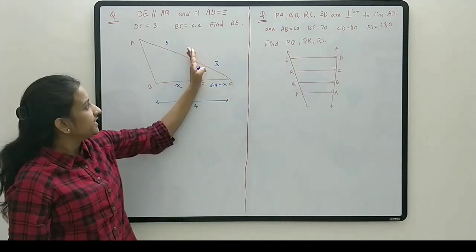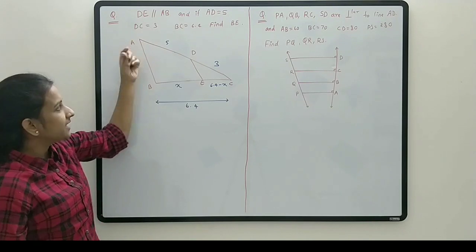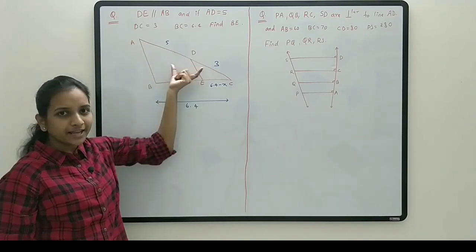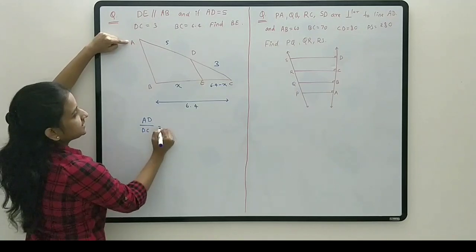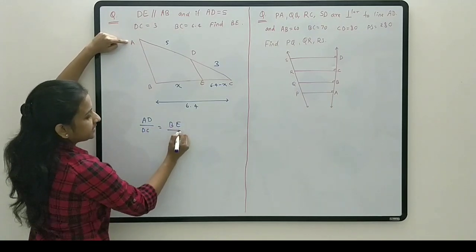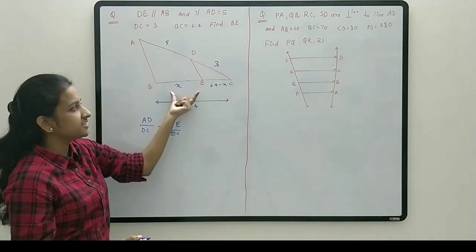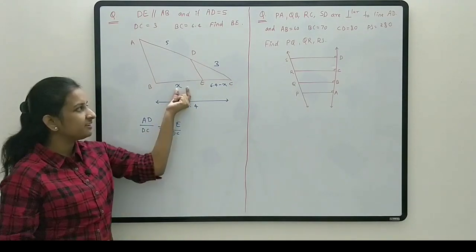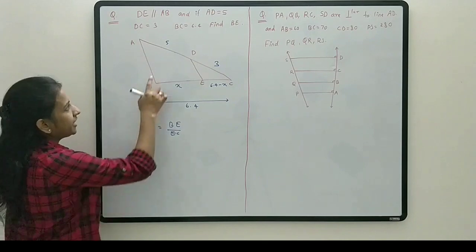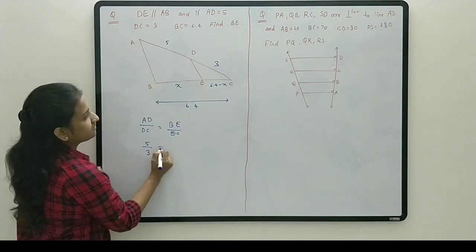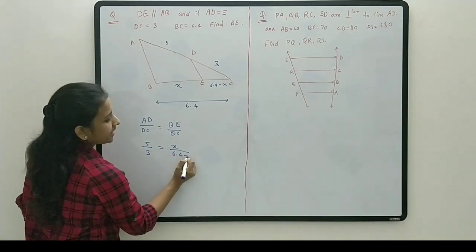Fine. Now DE is parallel to side AB. Then these ratios are equal, meaning AD upon DC is equal to BE upon EC. Let's substitute these values here, and if we solve this, we will get the value of x. That's what we have been asked. Okay. Now AD 5 by 3 is equal to x upon 6.4 minus x.